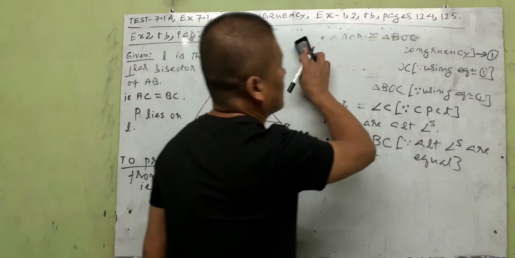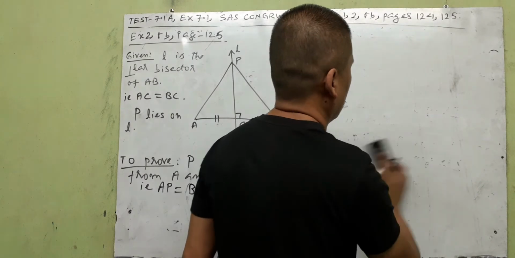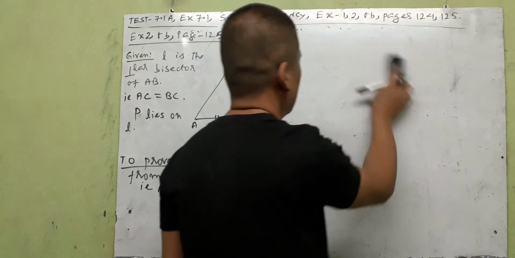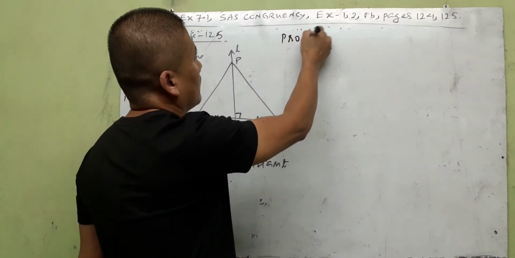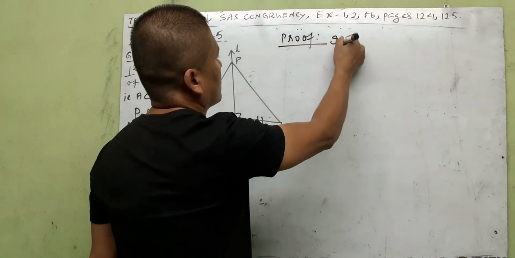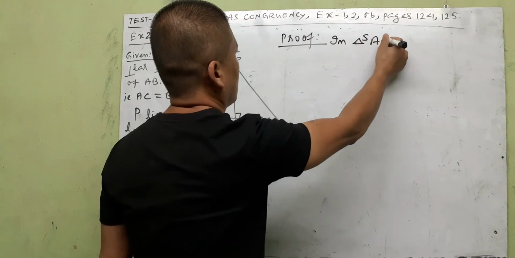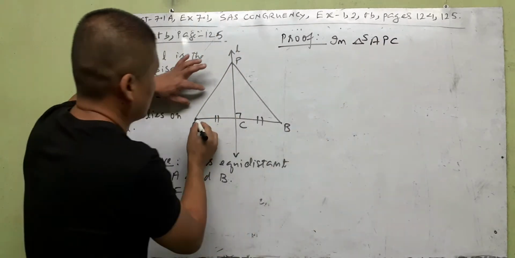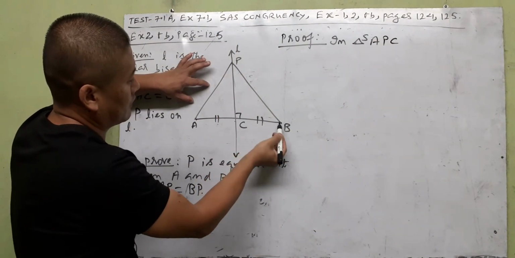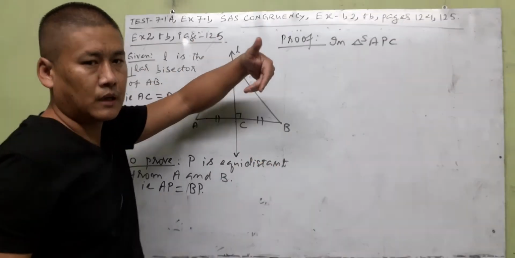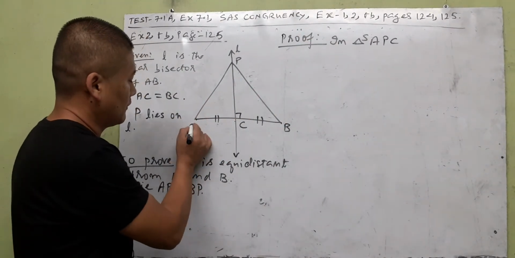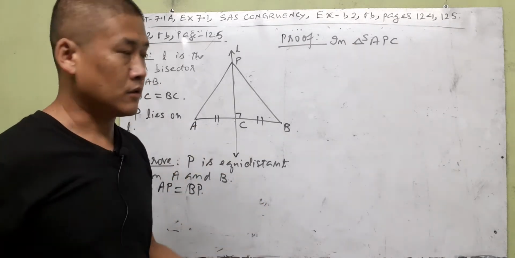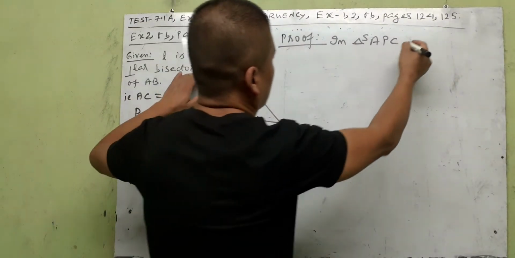Let's start. It's simple, I think. Let us take these two triangles, triangles APC and BPC. If you go like this for this one, then on the right side you should go the same way, because in similar and congruent triangles, the position of the letters of the vertices is very important. You put them in the right position.